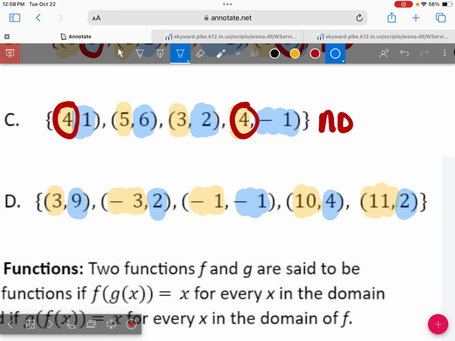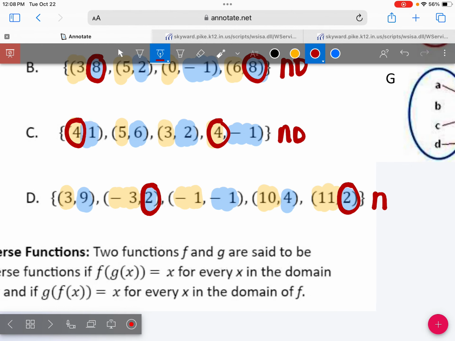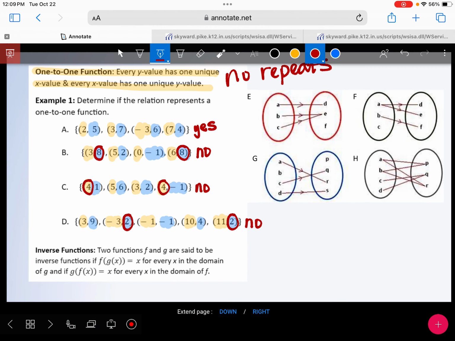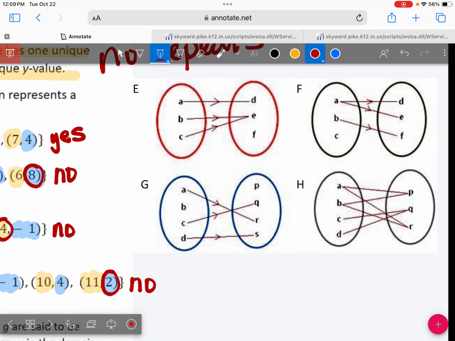Who says no? All right, what repeated for us to say no? The 2 in our Y values, here and here. So that would be a no. So that's the first question on the quiz. You have a set of ordered pairs, or it could be a map, or it could be a graph. Now that's A, B, C, and D. Now let's look at E, F, G, and H.